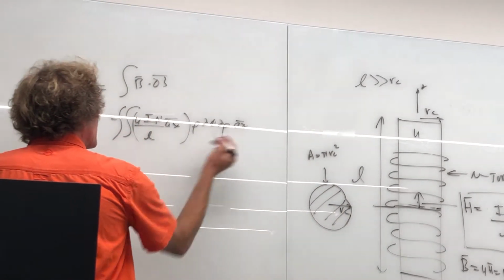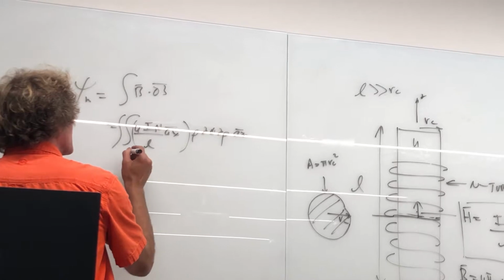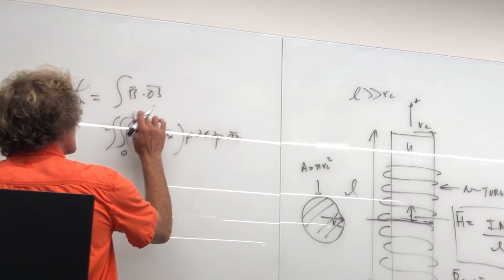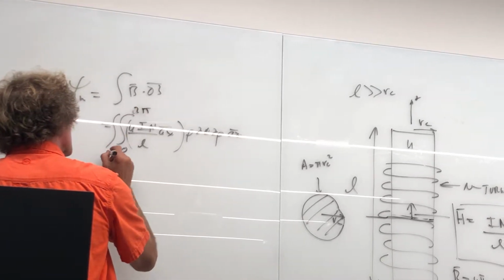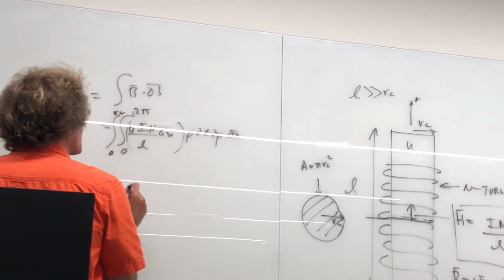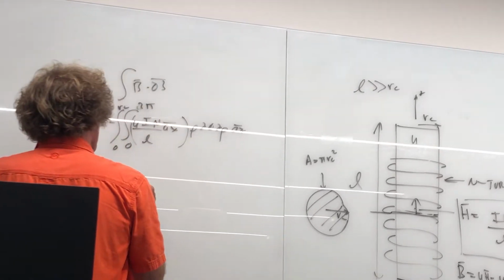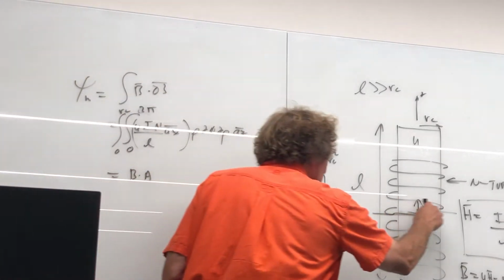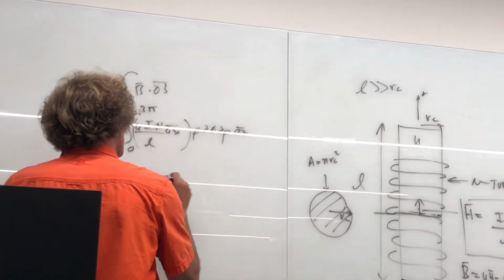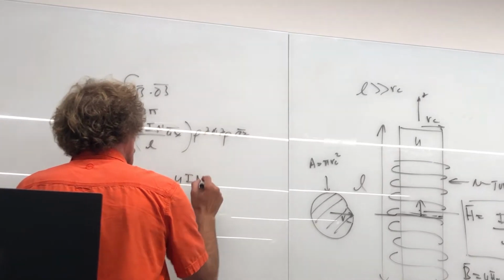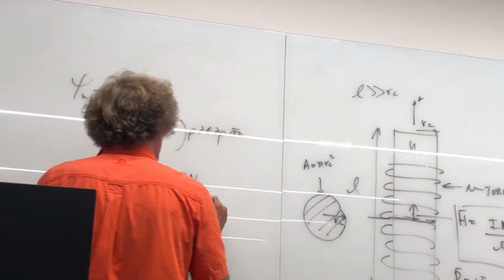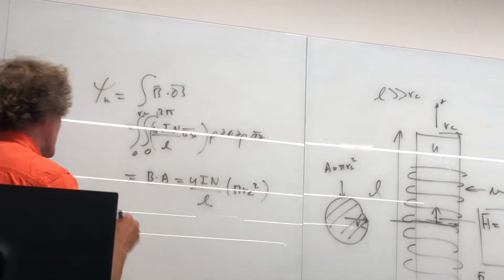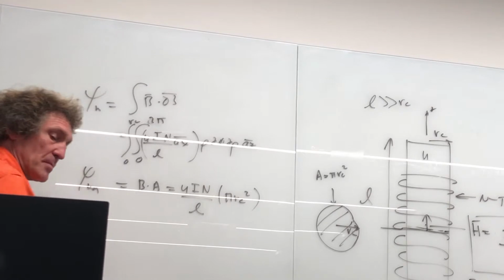You could put it as a double integral, where phi goes from 0 to 2 pi and rho goes from 0 to RC. But really what we're going to do is just take this B field magnitude and multiply it by A, because the B field is not a function of the position here. So that means it's going to be mu I N over L times area, which is just pi RC squared. And that would be the magnetic flux penetrating one loop.